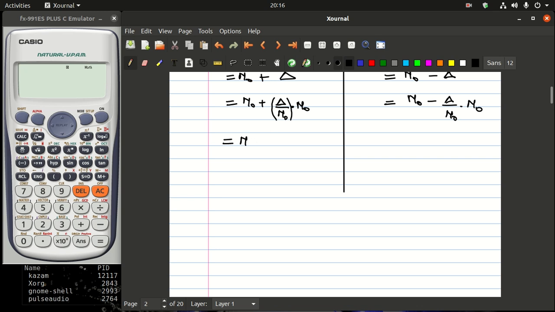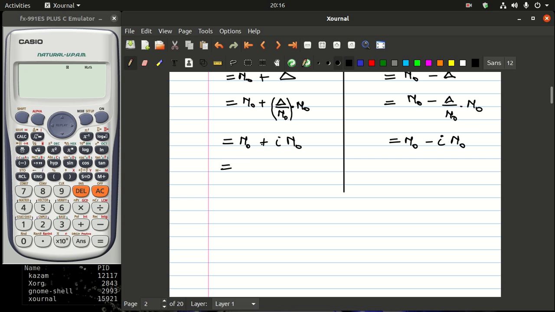So you end up having n0 plus some I times n0. This I here is representing the change divided by n0. That's the I. And then we have this n0 this side. And then this side we will end up having n0 minus I times n0.